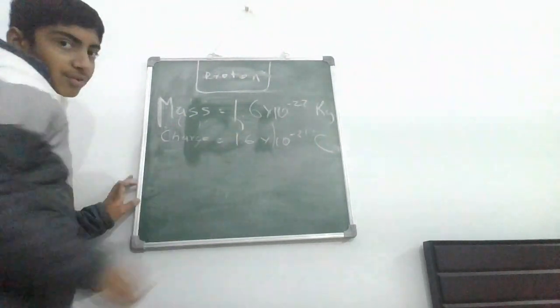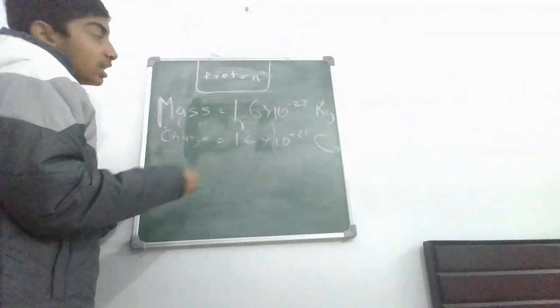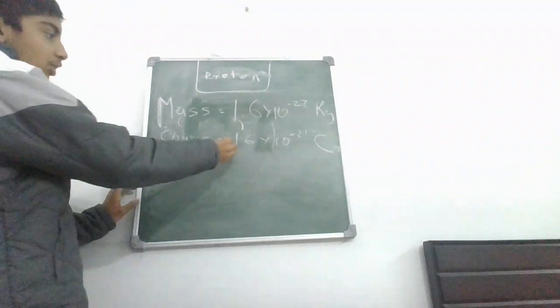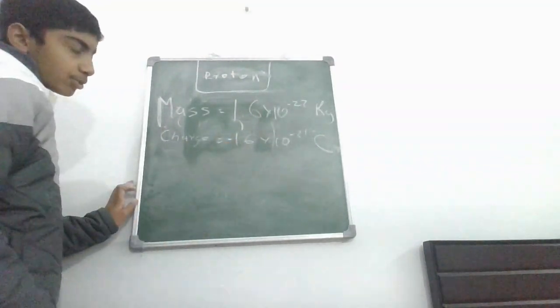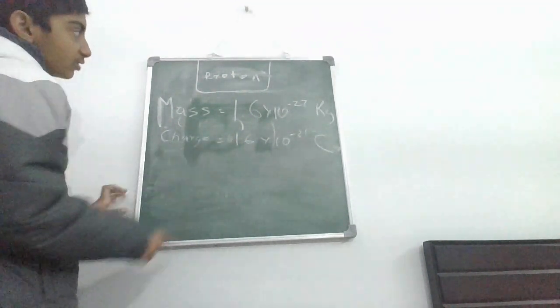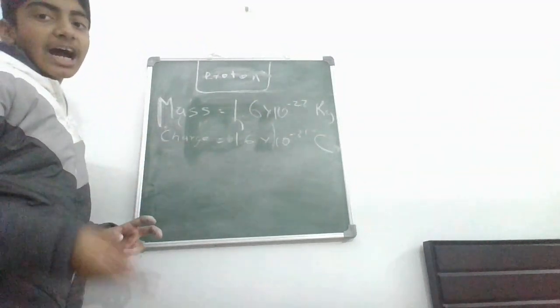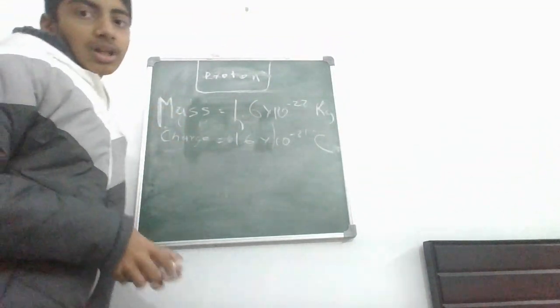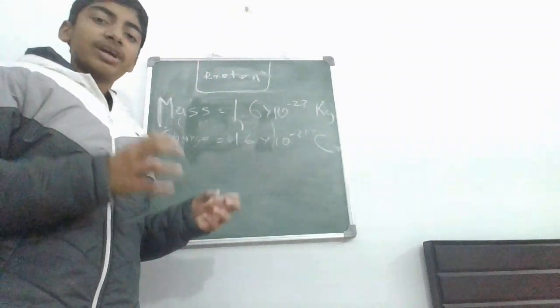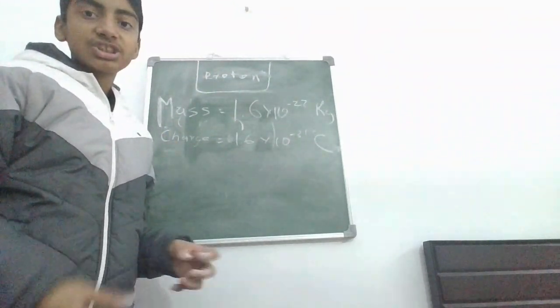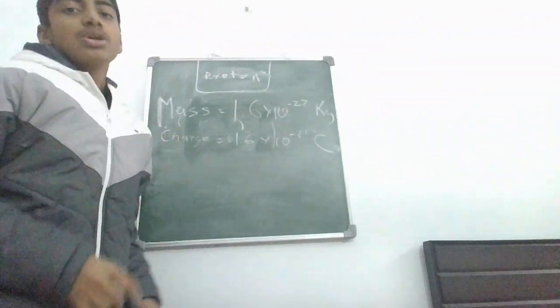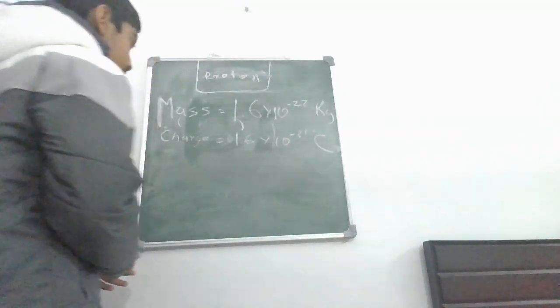Now, if I haven't mentioned, electrons are negatively charged, so if it was electron, we should put a negative charge here. That's why a hydrogen atom is neutral, because the proton and the electron's charge cancel out, so the net charge is 0.